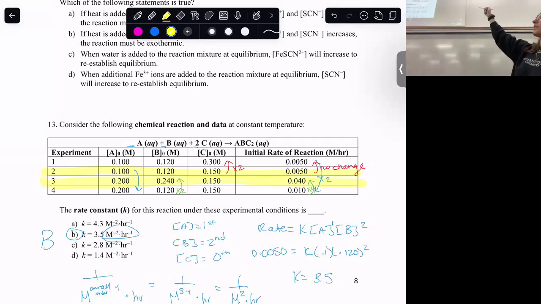So that means that the rate is changing based off of both the change of A and B. We don't know which one it applies to because it could be either one that is causing it. So we want to look for the experiments where everything else is being held constant. That way we know that whatever the rate is changing by is the result of that change in concentration. Does that make sense? Okay. So I wouldn't pick experiment 1 and 4 to find A or C.